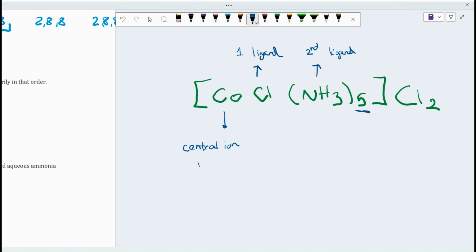From one bracket to the other, that's called a complex ion. From the very beginning to the very end, which includes the chlorine, that's called the coordination compound.